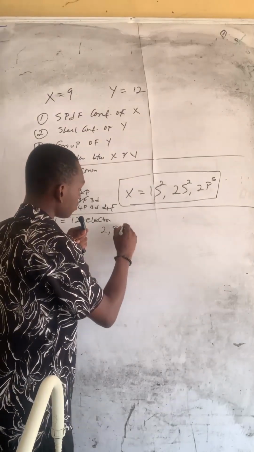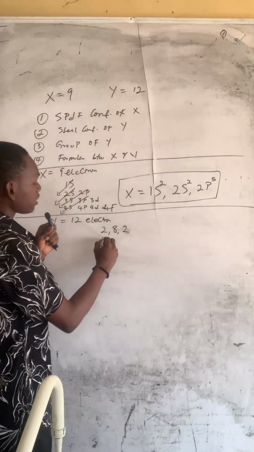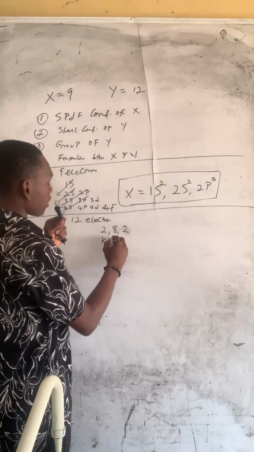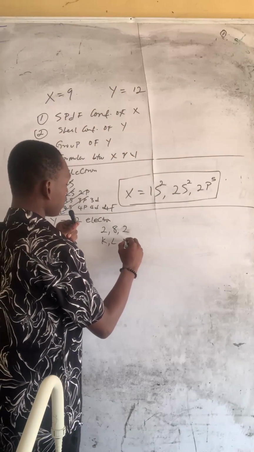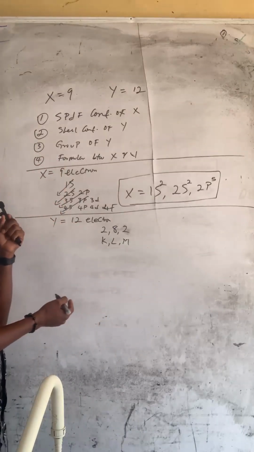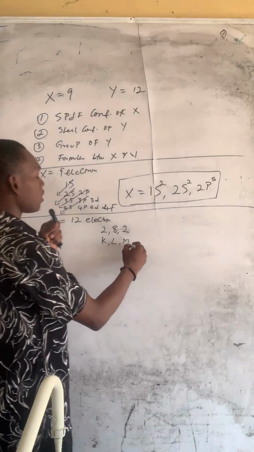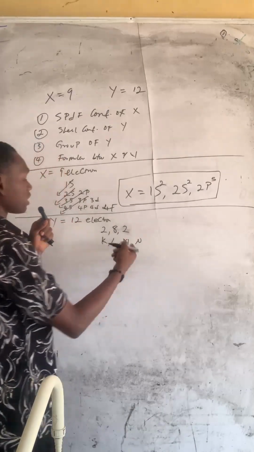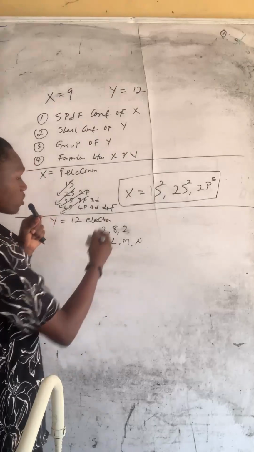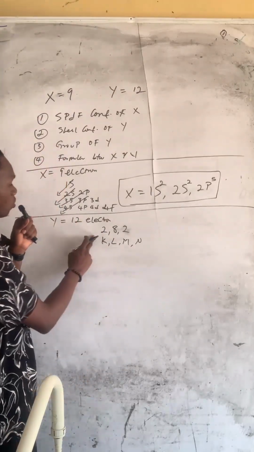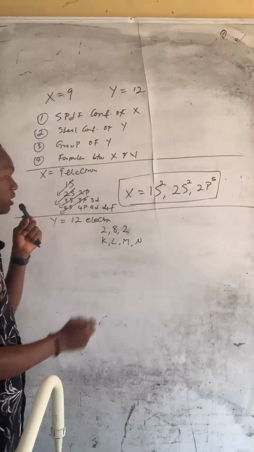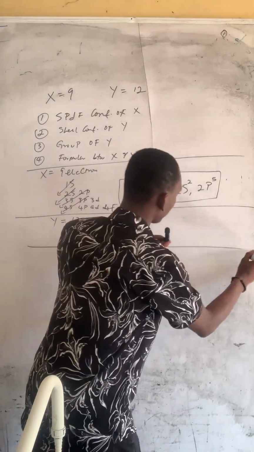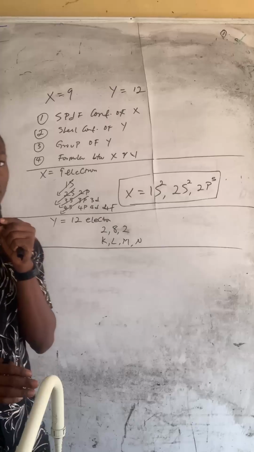Just 2. We have to place 2 here. So this is the K shell, has 2 electrons, L shell has 8 electrons, and the M shell has 2 electrons. The N shell has no electron, right? Because its capacity has not gotten up to that. So 2K, 8L, and 2M. So this is the KLMN configuration of arranging electrons.